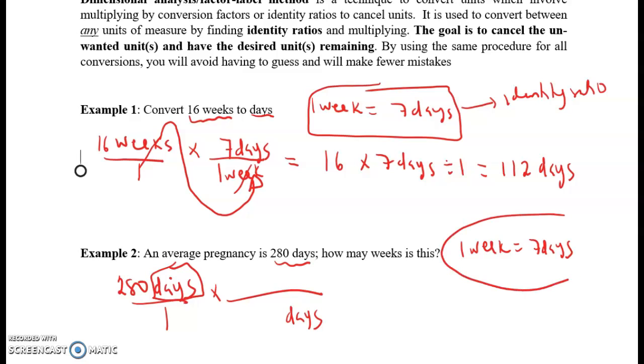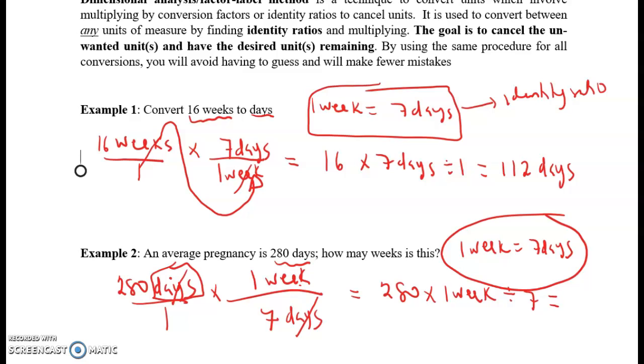With this identity ratio, we're going to make sure the 7 days is at the bottom and our 1 week is at the top, so that the days will cancel out, leaving the weeks at the top. Now that you've canceled the unwanted unit, you multiply the numbers at the top and divide by the numbers at the bottom.